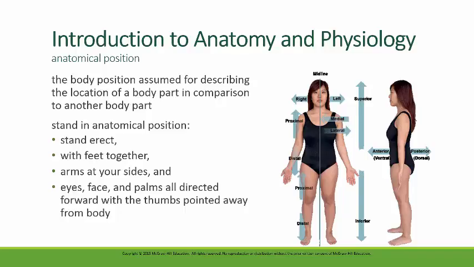To stand in anatomical position, you want to stand erect, shoulders back, chin pulled in. Your hands and arms should be out to the side with the palms facing front and your thumbs away from the body. So we talk about the thumbs being lateral and the palms being anterior.